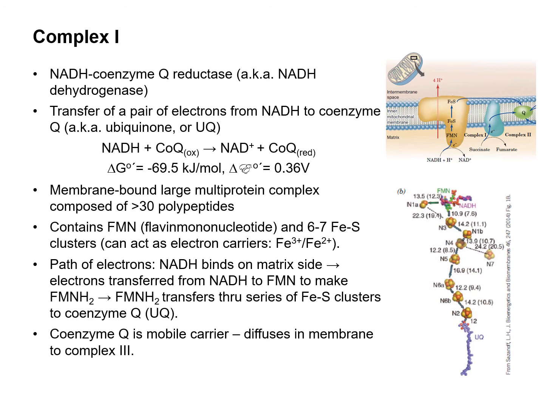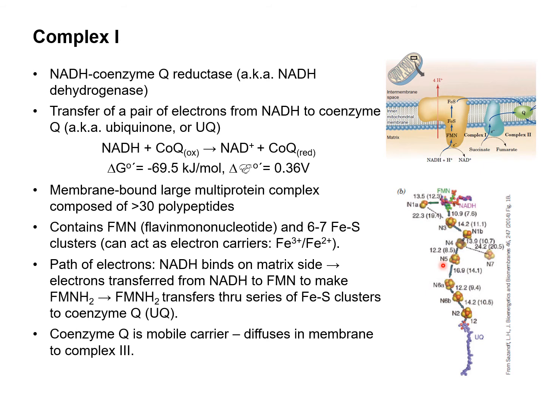And the path of electrons will start from the NADH binding on the matrix side, and then complex 1 in the inner mitochondrial membrane will take the electrons from the NADH, and that moves to the FMN to make the FMNH2, and then FMNH2 transfers through the series of these iron sulfur clusters.